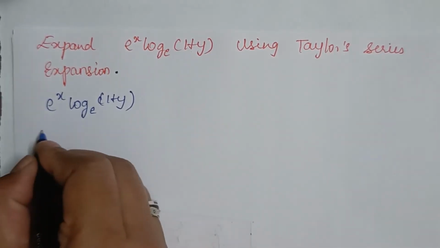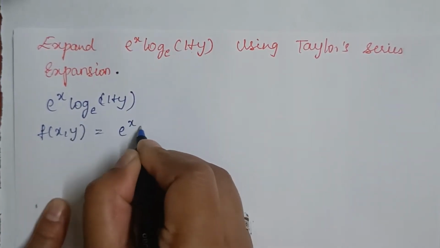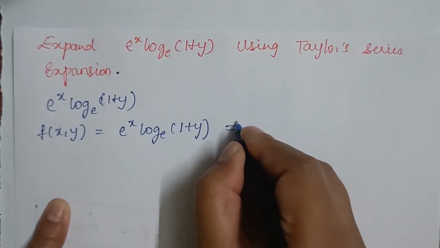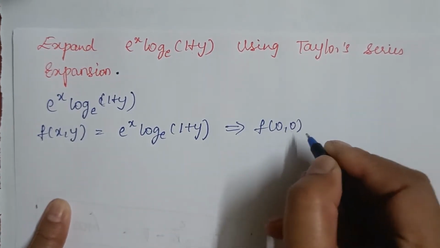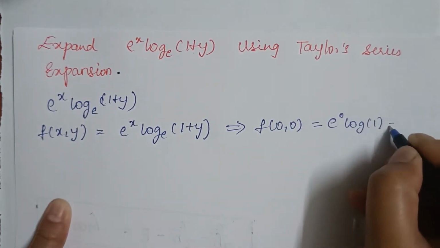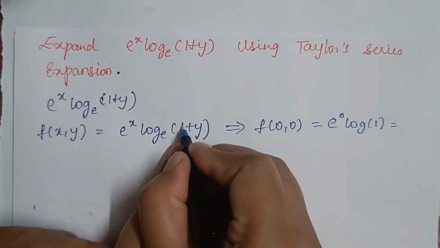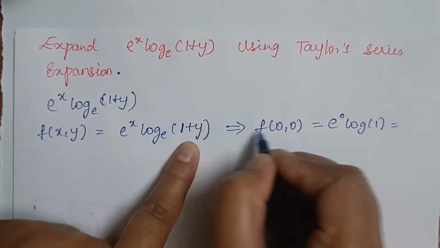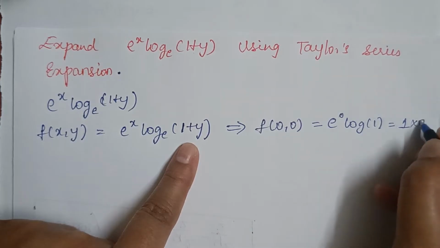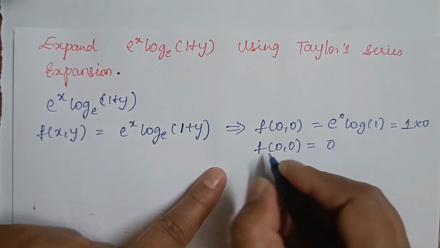So we already know that f of x comma y is equal to e power x log to the base e of 1 plus y, and at the point 0 comma 0 it is equal to e power 0 log of 1. Now e power 0, and log of 1 is log of 1 plus 0, y is 0, right? So log of 1 is 0, so f of 0 comma 0 is going to be 0.